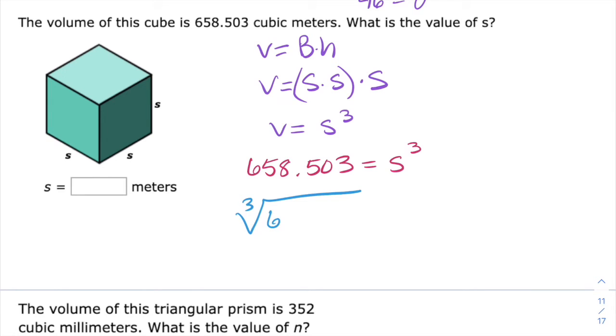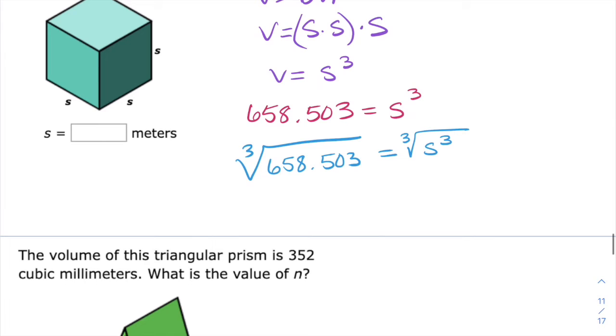So it's a little bit more intense of an operation, but it's what three things multiply together to equal that number. Well, in this case, S times S times S is S cubed. So that gets rid of S cubed and brings it down to be just an S, which is what we want. We want to find out what S is, okay?